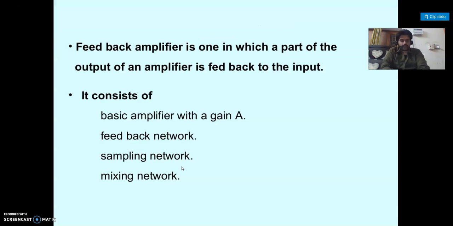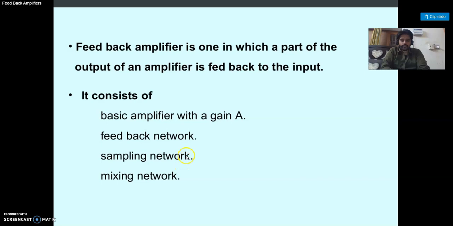A feedback amplifier is one in which a part of the output of an amplifier is fed back to the input. It consists of four basic elements: an amplifier with a gain of A, feedback network, sampling network, and mixing network.